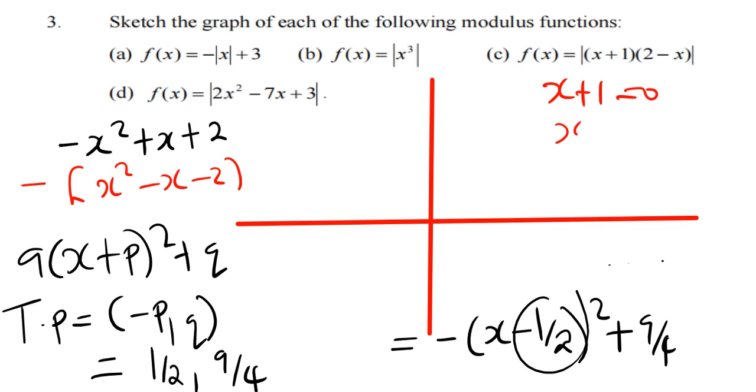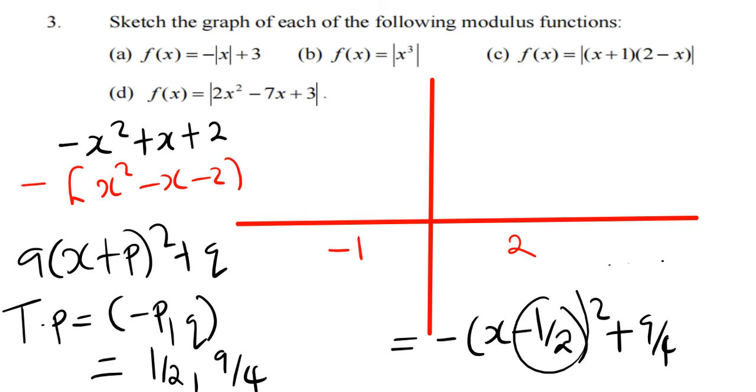We've got 2 minus x is equal to 0. Then find the values of x. So for the first one, x is equal to -1. The other one, x will be equal to 2. Alright, so those are the points. So -1, we can put -1 here, we can put a 2 there. So that's where we're cutting the x-axis.